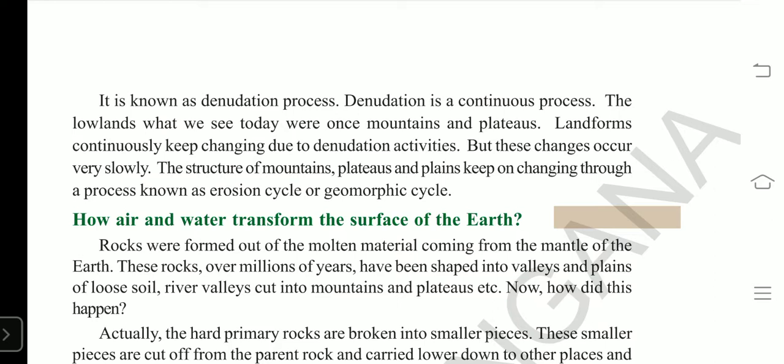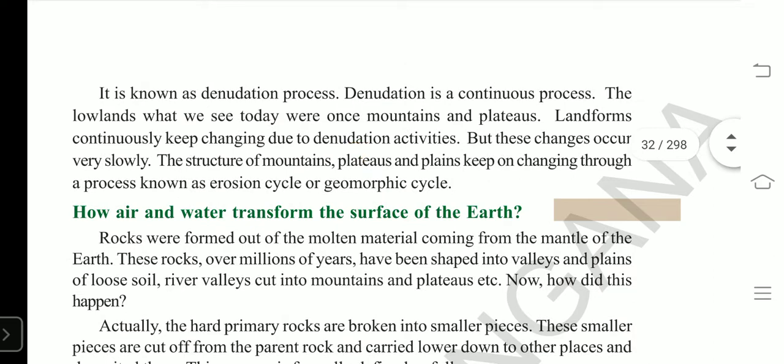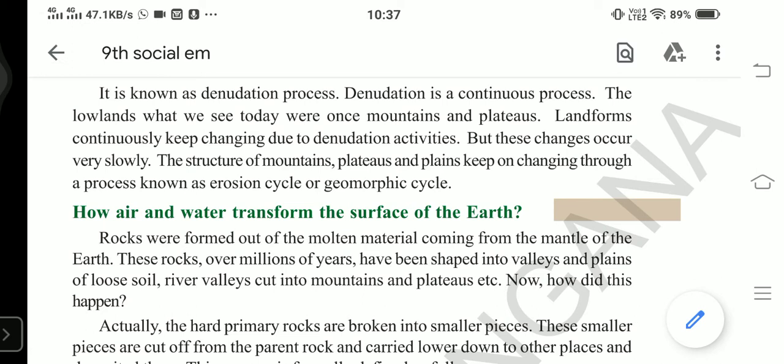One is weathering, second is erosion, third is transportation, and fourth is deposition, right? So these four stages go on every moment at a time. Don't think that first weathering, then after that erosion. When weathering takes place, at the same time we see the remaining three, that is erosion, transportation, deposition. All these four stages work out at a time, my dear students. Understand? So it is a continuous process.